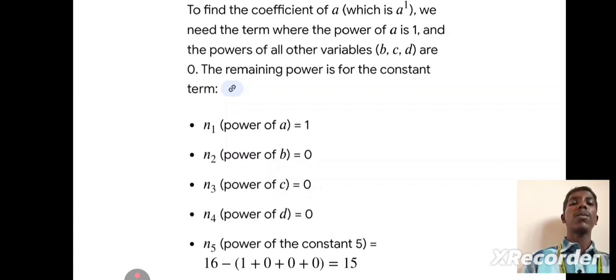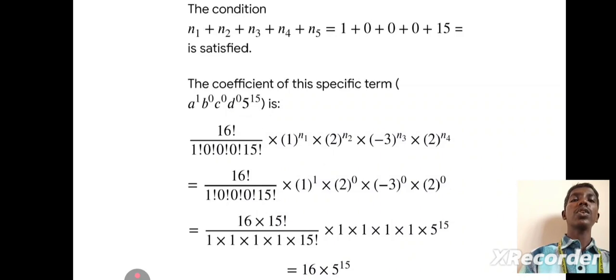n1, the power of a, equals 1; n2, the power of b, equals 0; n3, the power of c, equals 0; n4, the power of d, equals 0; and n5, the power of the constant 5, equals 16 minus (1 + 0 + 0 + 0), which equals 15.